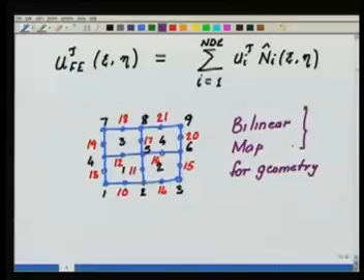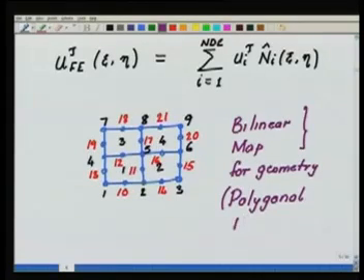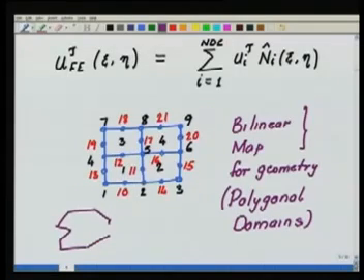My elements are initially quadrilaterals, not with curved edges, with straight edges, and these are mapped to these master squares. So for that, this bilinear map is good enough. So let us say I am talking of polygonal domains. What do we mean by polygonal domains? Well, one domain is right in the picture, another domain I can have is this kind of a domain where all bounding edges are straight lines.